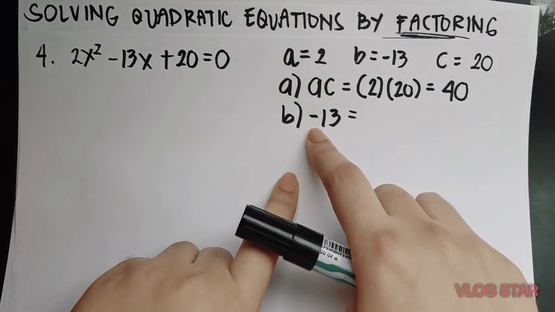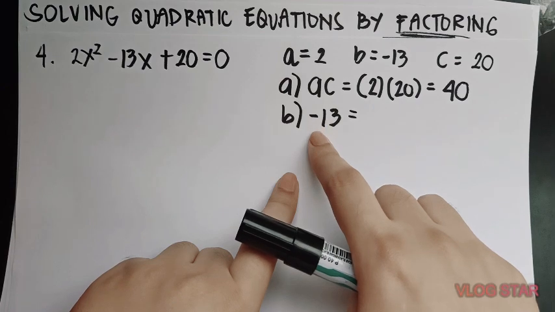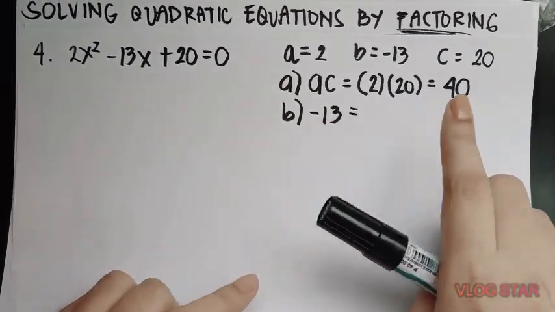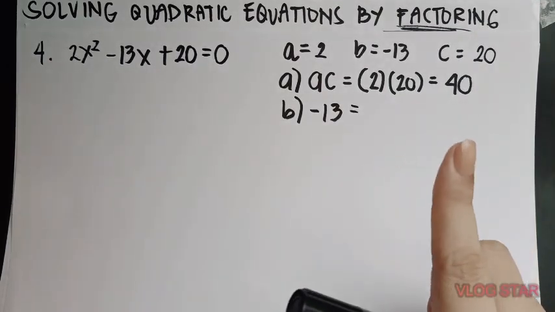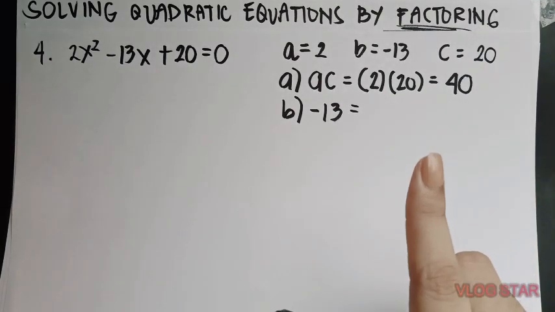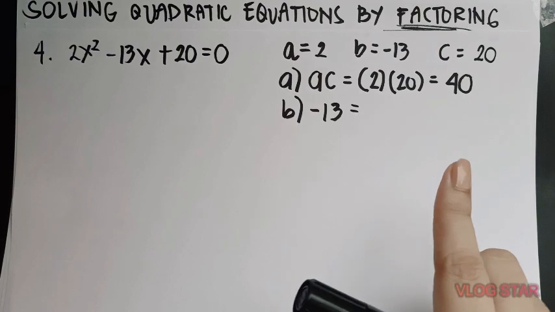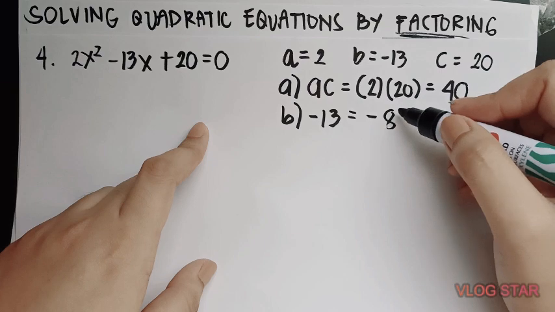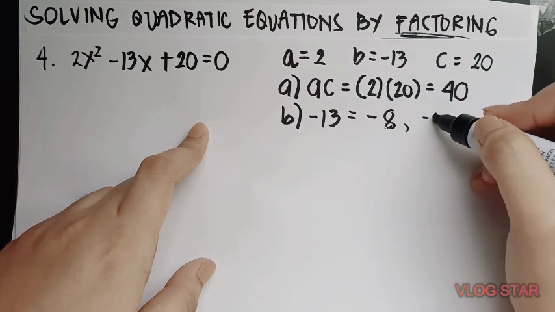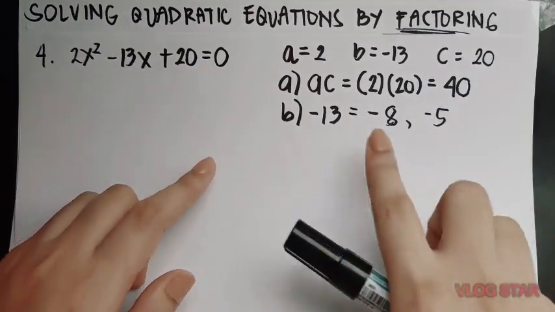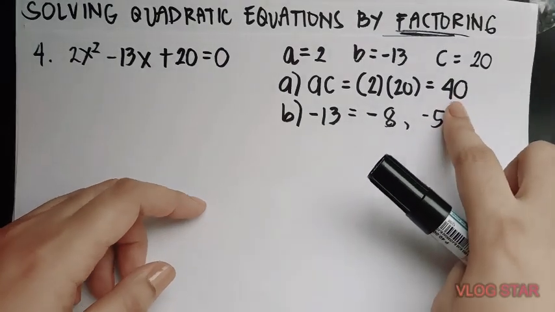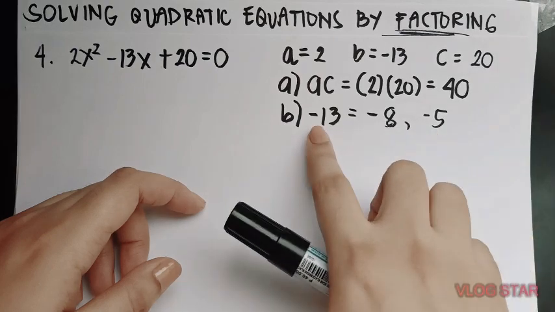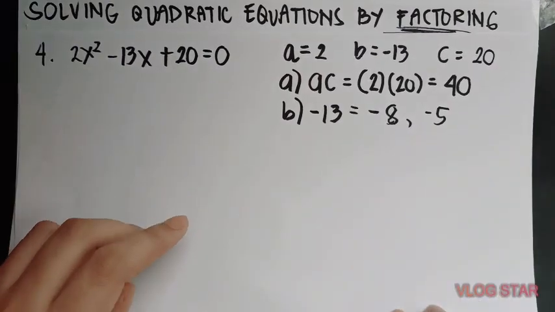The sign of b is negative, so we have to look for the factors of 40 where one is positive and the other is negative, because negative times positive is negative, right? And that is equal to negative 8 and negative 5. Negative 8 times negative 5 is equal to 40. Negative 8 plus negative 5 will give us negative 13.